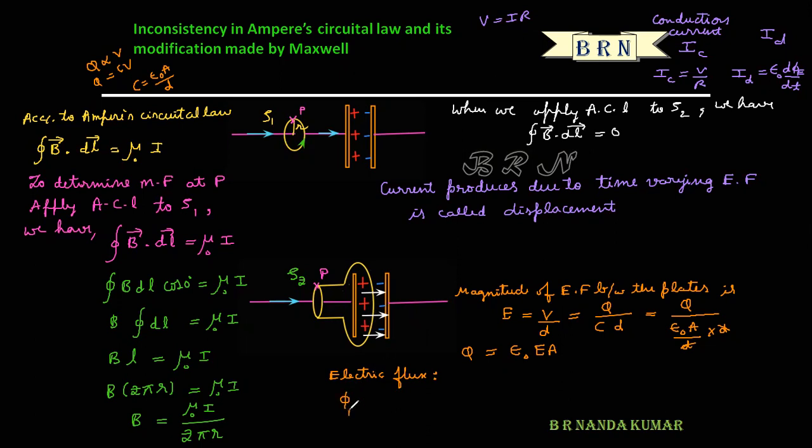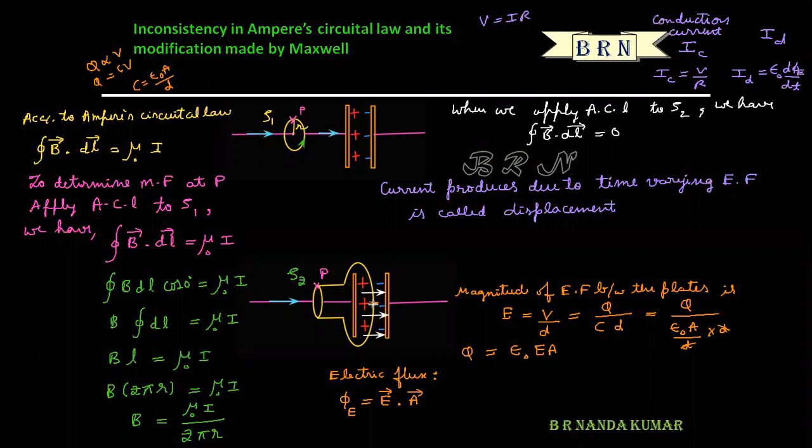Electric flux is measured by taking the dot product of the electric field vector and the area vector. This is the direction of the E vector, and the A vector is also along the same direction. So the E vector and A vector are parallel here.